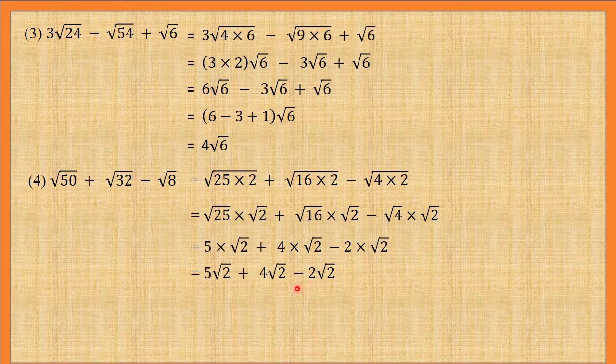We have the same radicand, so we combine the outside terms as 5 plus 4 minus 2, and we have root of 2. And this gives us 7 root of 2.